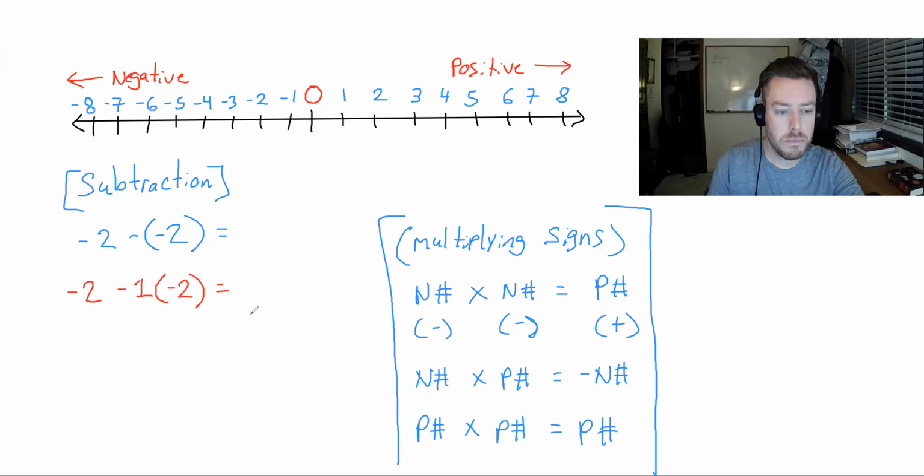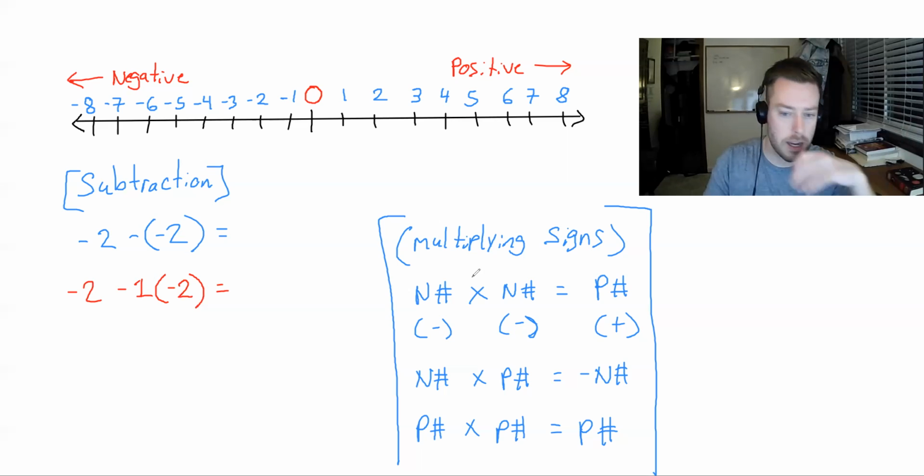Before we can subtract these two numbers, we need to multiply because there's a certain order of operations, which I'll go over in another video or later on. So we need to multiply these two numbers together before we can actually subtract. So we have a -2 subtract, and we're going to have a -1 multiplied by a -2.